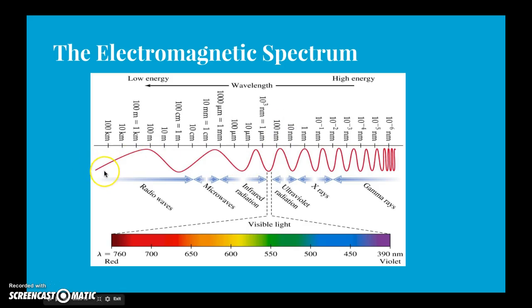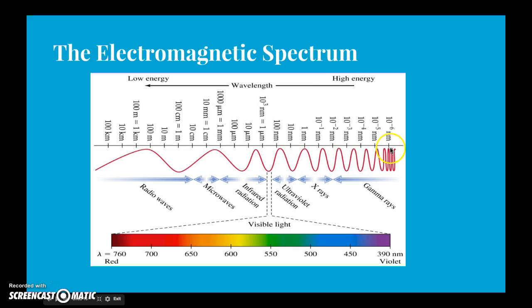So we've got our electromagnetic spectrum. This is what I was talking about, those radio waves, microwaves, infrared radiation, ultraviolet radiation. Visible light is actually just this little chunk right here. X-rays, gamma rays, all of those rays. And so the more energy our waves have, as you can see up here, the actually shorter the wavelengths are.